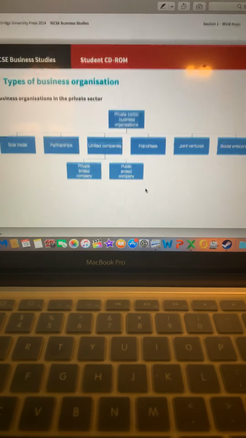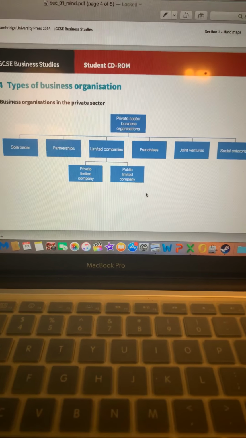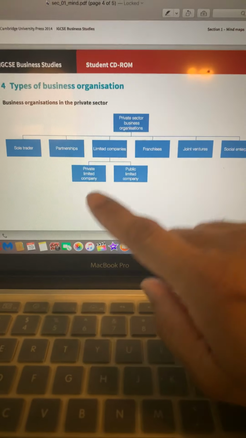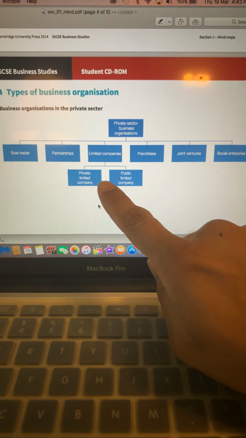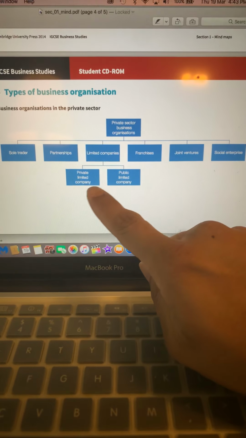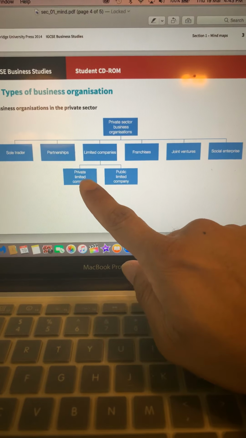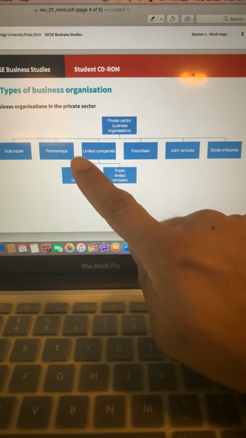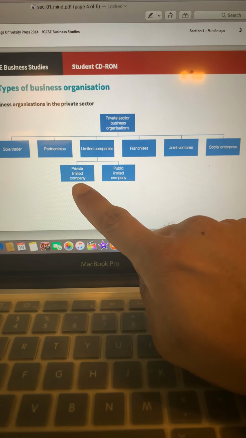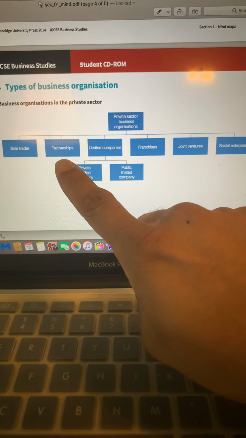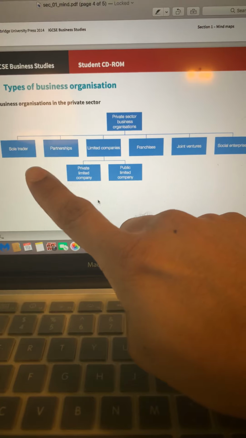In unit number four, types of business organization, we have these various kinds. This is where you got to be very, very careful, because some of you got this mixed up. Under limited companies, public limited companies sell shares to the general public. Private limited companies sell shares to family or friends. Sole traders and partnerships are unlimited liability.